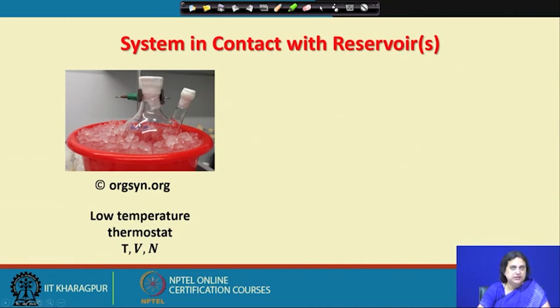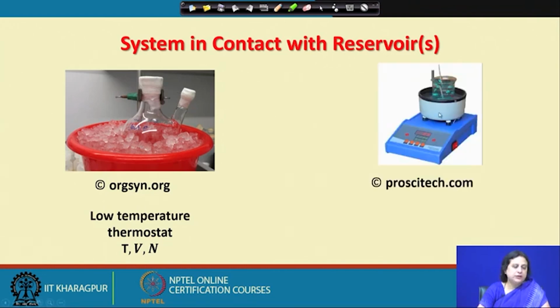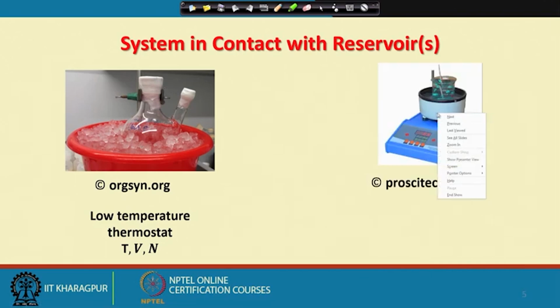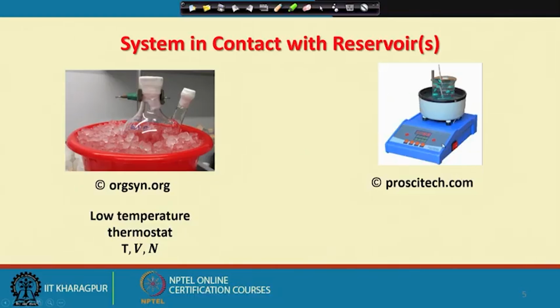So, in general this chemical reaction will occur at a constant temperature, constant volume, as well as a constant number of particles condition, because the outlets of the flask have been totally covered. And if it so happens that you are trying to carry out your chemical reaction in an open environment, you are basically looking at a setup like this.